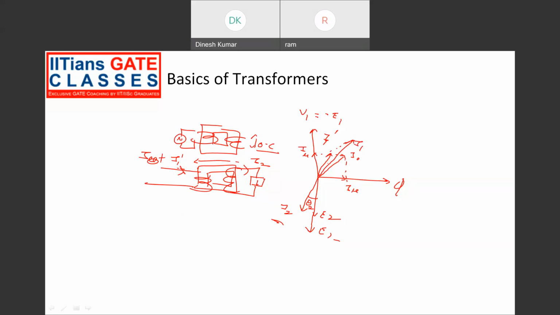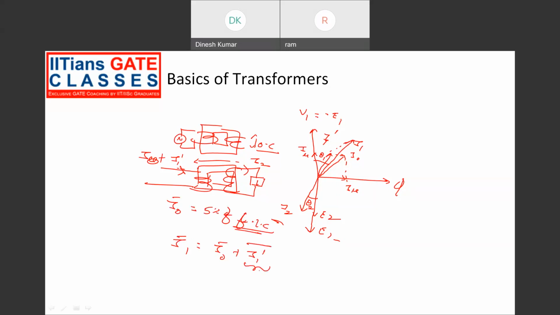And theta 1 is the primary angle. Generally, no load current I naught dash is around 5% of full load current. So I1 equals I naught dash plus I1 dash.